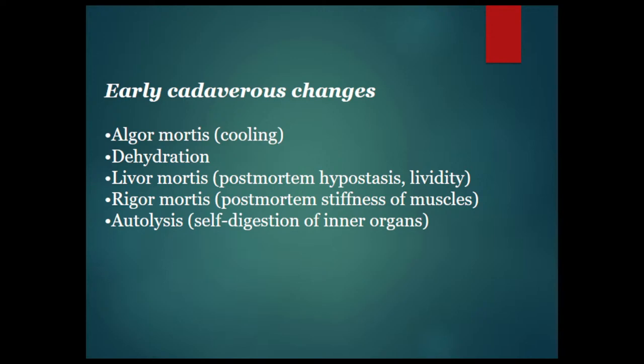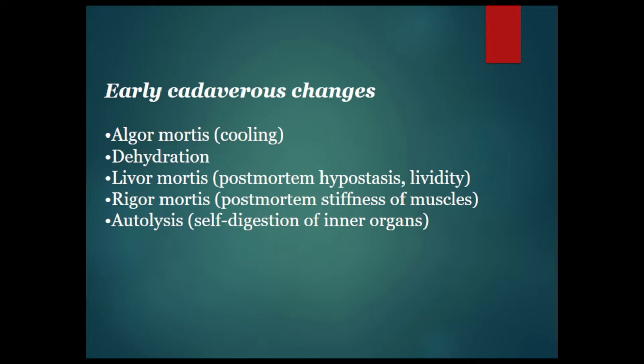This is about equilibration of the body temperature with the environmental temperature. So if the environmental temperature is above the level of temperature of the human body, the dead body temperature will rise in this case. That's why do not call it cooling, better to call it algor mortis.